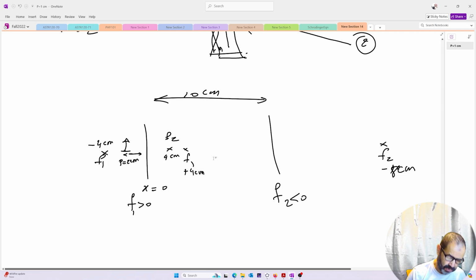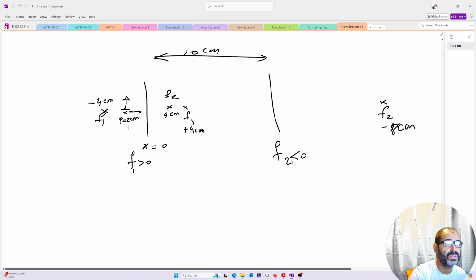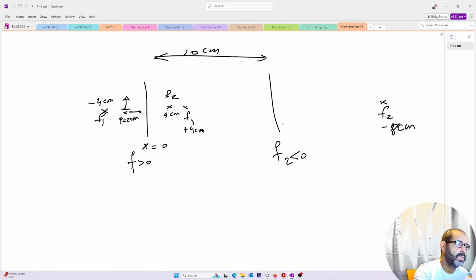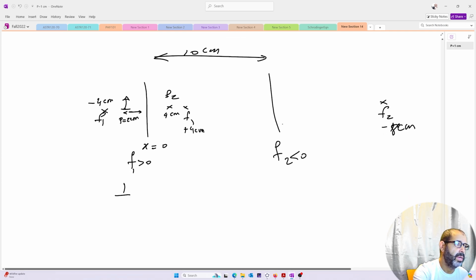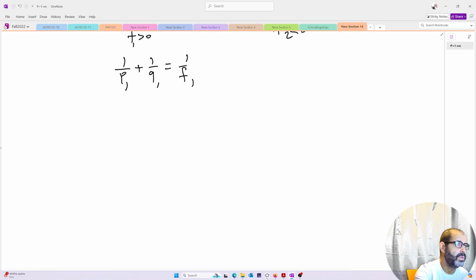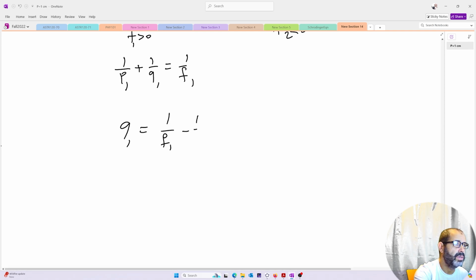Okay, so let's find where the image from the first lens is. That's going to be where the object is for the second lens. So in this case, 1 over Q1, I'm going to write everything with an index 1. And in here, P1 is exactly 2 centimeters. So we need to find where Q1 is. Q1 from this lens is going to be the inverse of 1 over F1 minus 1 over P1, inverted.